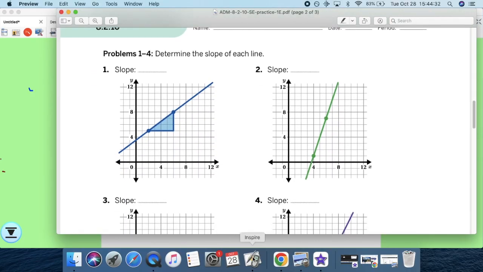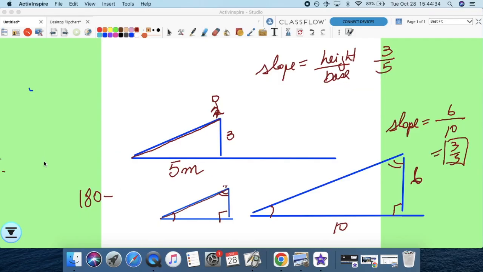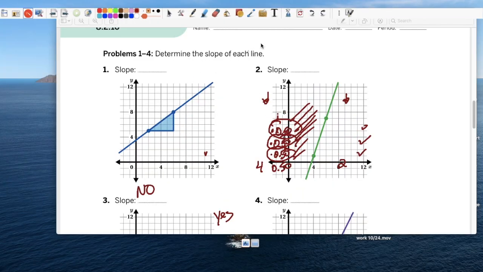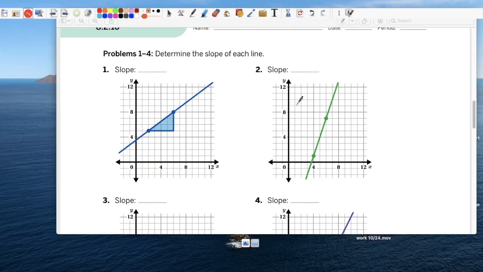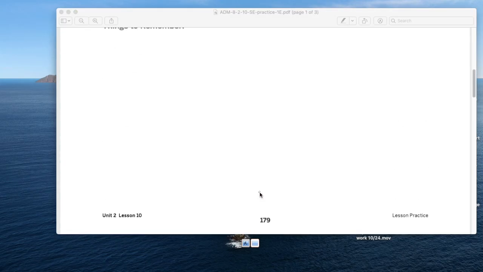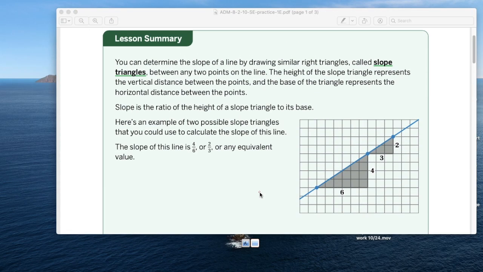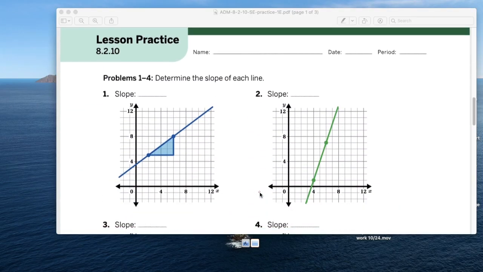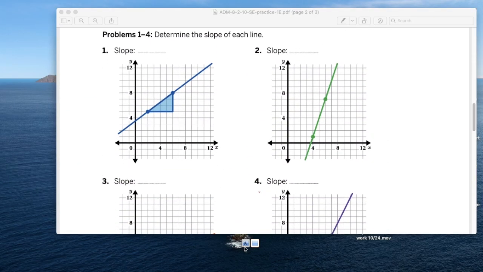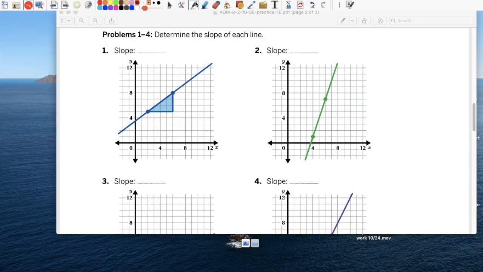Find the slope. Well, okay, not that complicated, so let's find the slope. This is the lesson practice 10. Okay, so let's find slope. And this has a grid. The slope is the height, and let's just count.